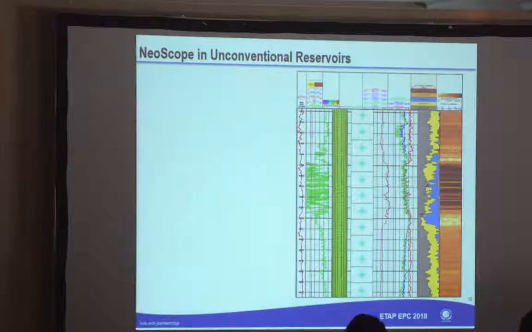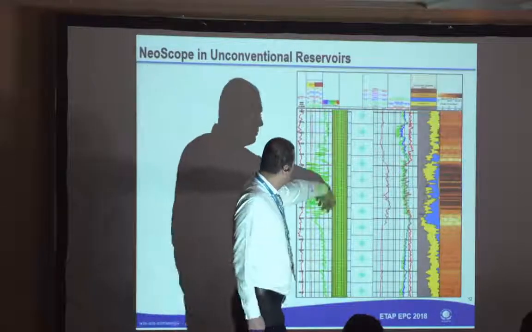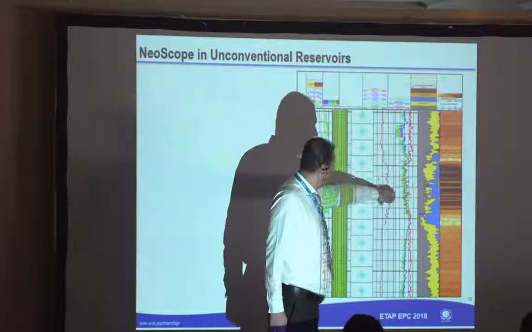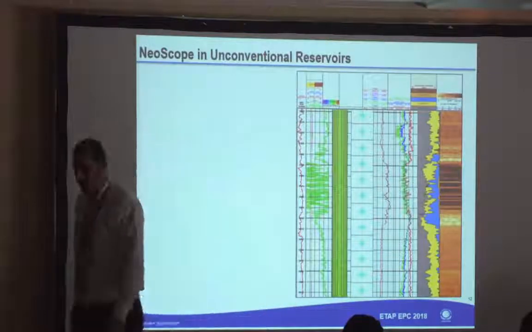Another example of logging was performed in an unconventional reservoir. We can see resistivity, gamma ray, resistivity, neutron density, and this spectroscopy there.